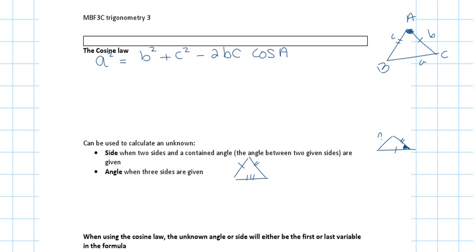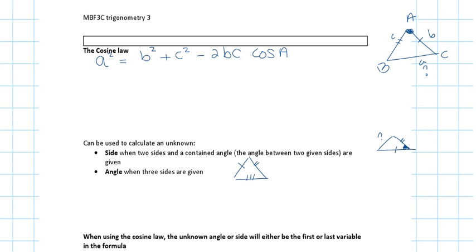Okay? And I'm looking for side A. So to look for side A, it's going to be side B squared plus side C squared. Then I'm going to subtract 2BC times cosine A. So B is known, C is known, angle A is known.